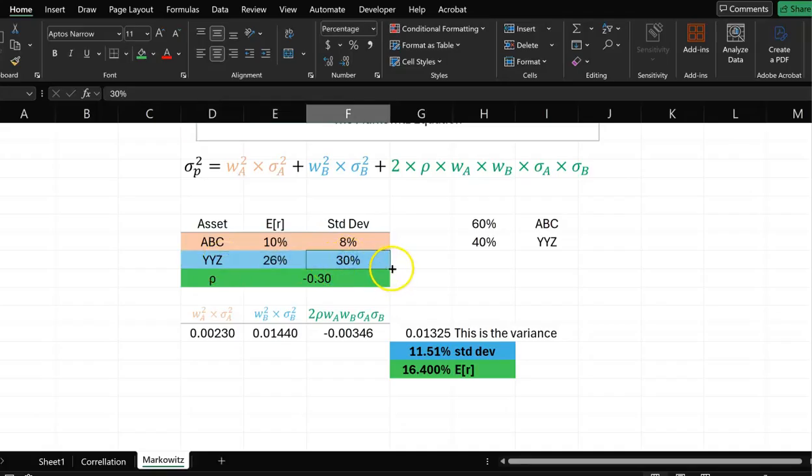So I've really eliminated my risk, but I get a return that is a good deal higher than A. Now it's not as high as YYZ, but it's a lot higher than A without taking on a whole lot more risk. A little more risk, but for the return that I've gained, it's worth it.